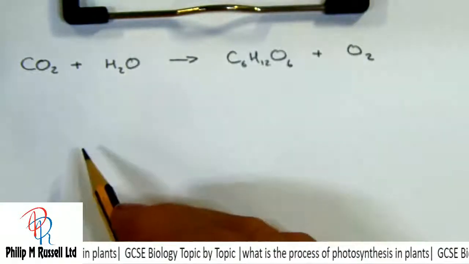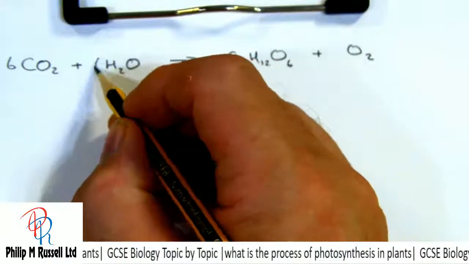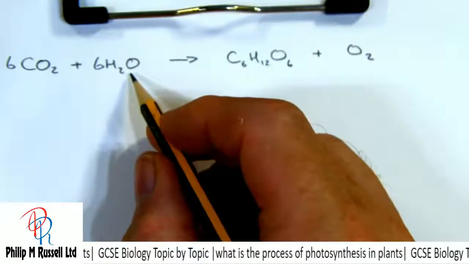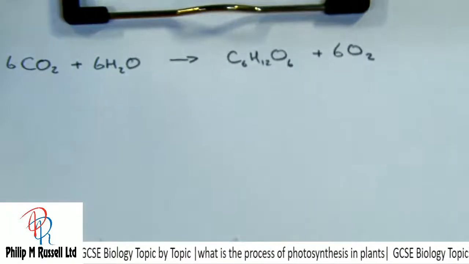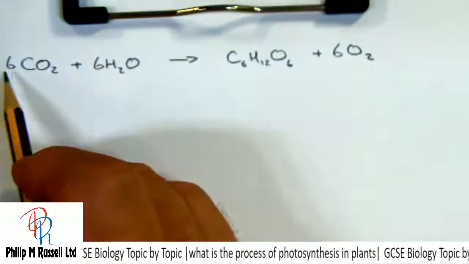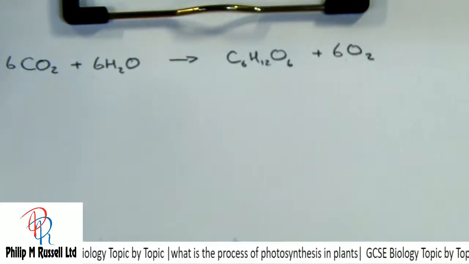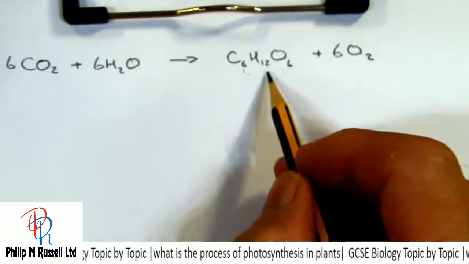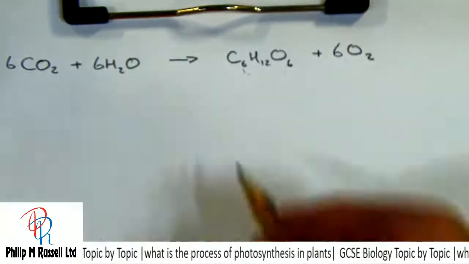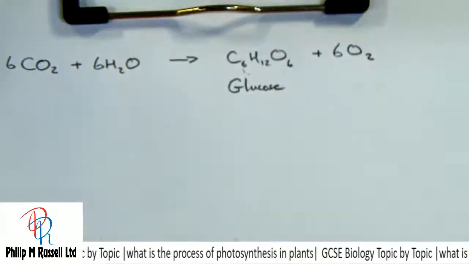If we balance this equation, then 6 molecules of this and 6 molecules of that react to make this, and 6 molecules of oxygen. It's an easy one to remember, 666. The 6s are also on there, and the only odd one is the H12. So this stuff here is glucose.